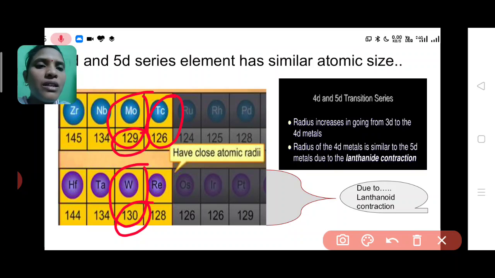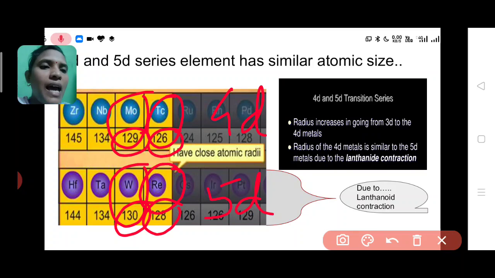Tc means technetium and Re means rhenium. So technetium and rhenium also have nearly similar atomic size, that is 126 and 128. So the elements of this 4D series and this 5D series have similar atomic size.